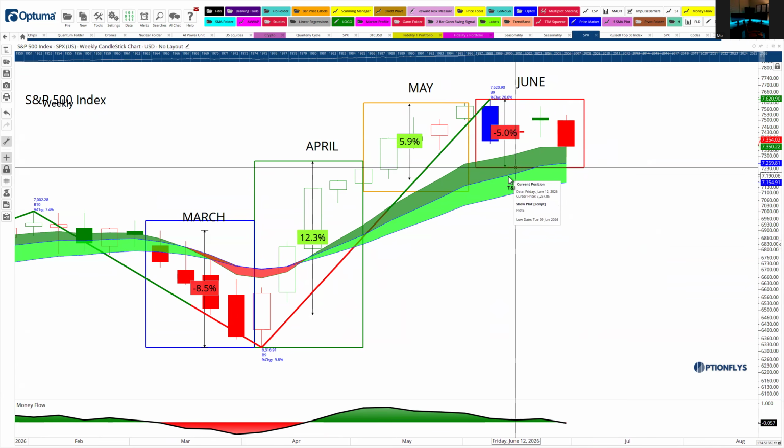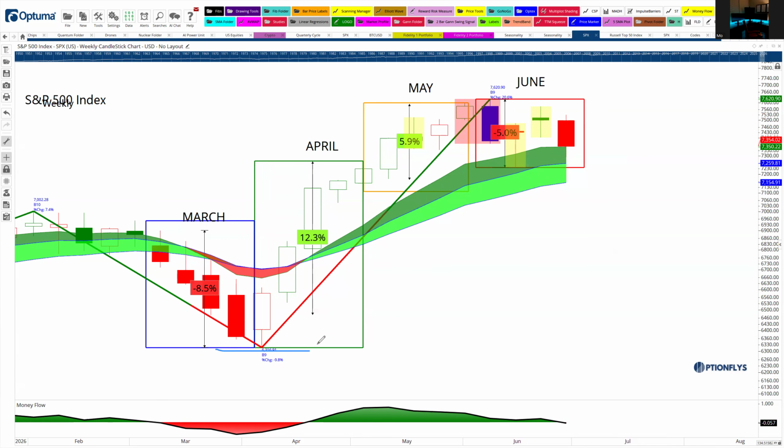So look at how this month went. We had a low here and we had a high here. And this high right there was a bearish engulfing candle at the very top.